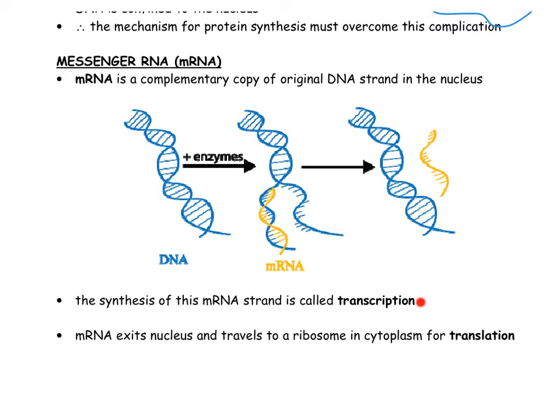The copying process is called transcription. Then that mRNA is going to exit the nucleus and travel to that ribosome. And then it's going to translate DNA's code into a protein. That process is called translation. So there are 2 steps to protein synthesis: transcription and translation.